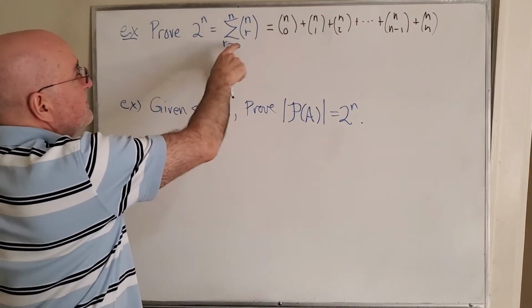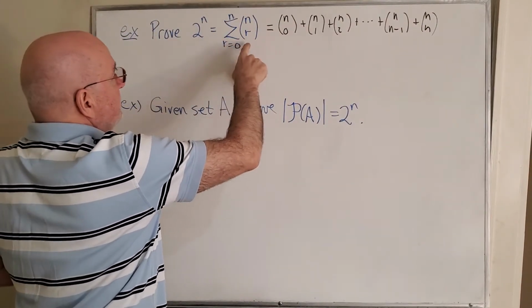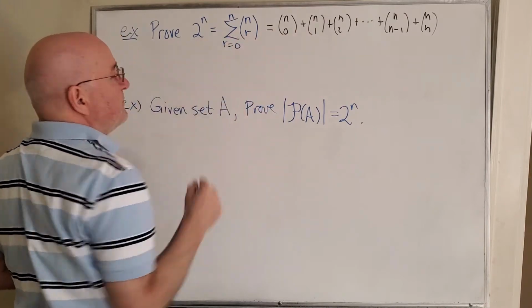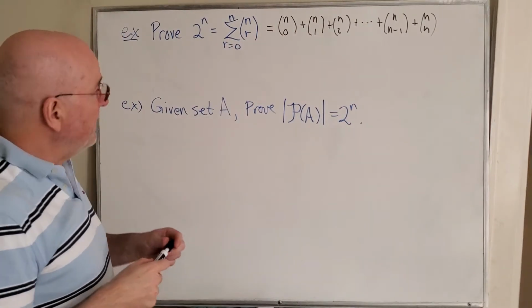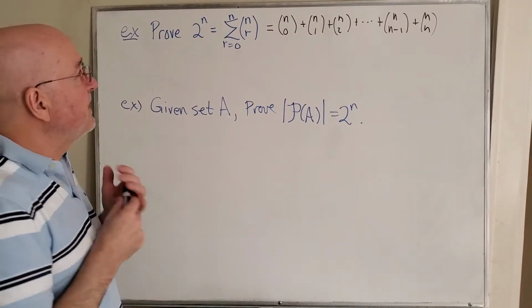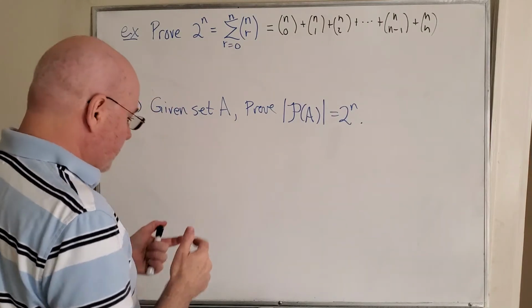So all I did there was just rewrite this in a direct form rather than using the sigma notation. So we need to prove that 2 to the n is equal to that.